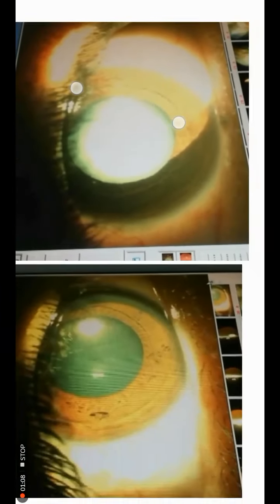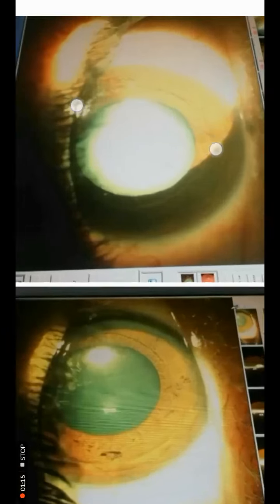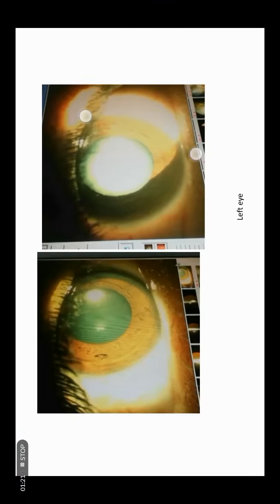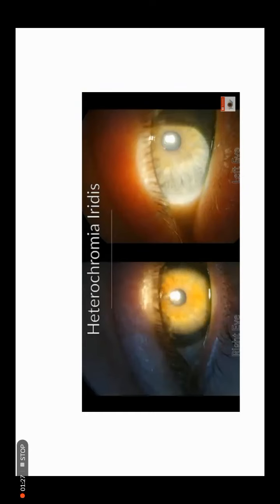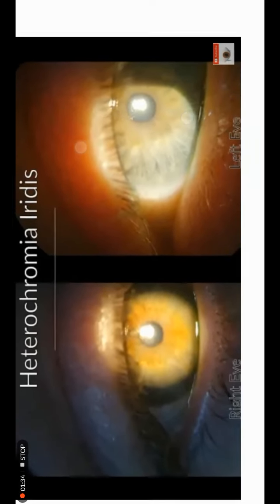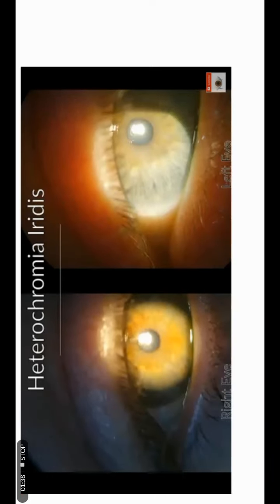Although the light in the left eye is more than the right eye, we can still differentiate the hypochromic iris and the mature cataract that is present in the center. So over here, the left eye is the Fuchs eye, and this is the highest heterochromia that I found on YouTube. You can see that this particular eye is heterochromic and also has cataract.